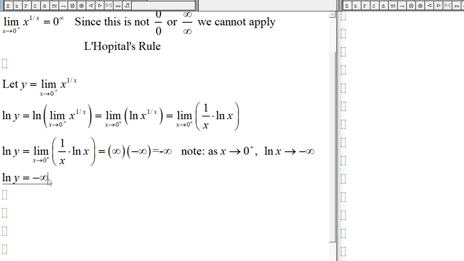And so the same logic will work here. The only way that ln of y can get to negative infinity is if y is approaching 0 from the right. So y has to approach 0 from the right.